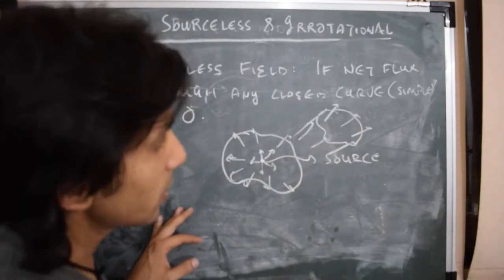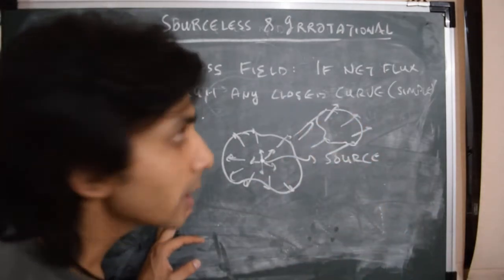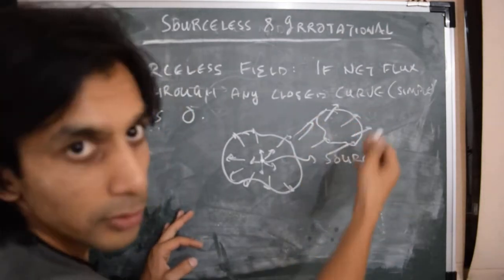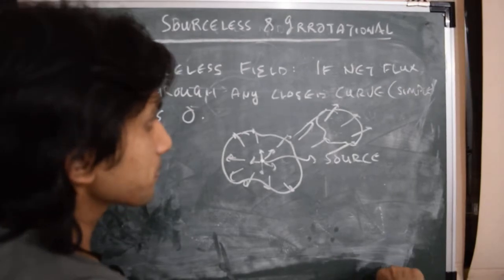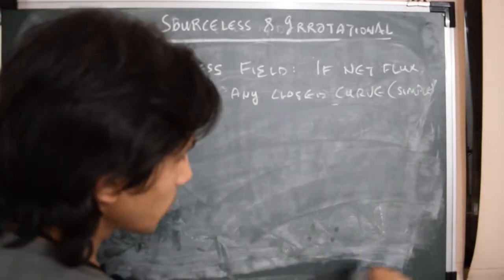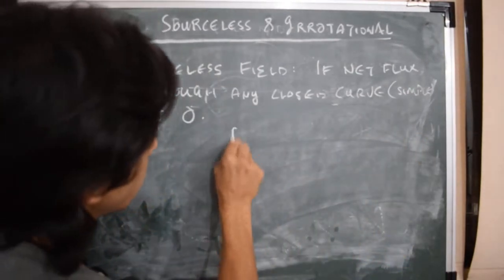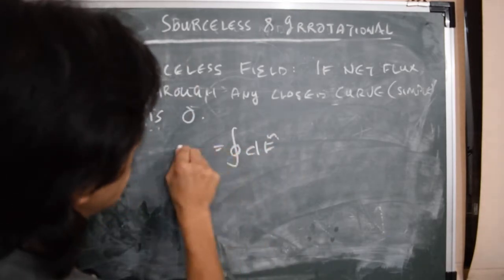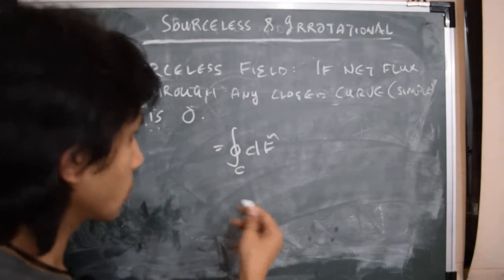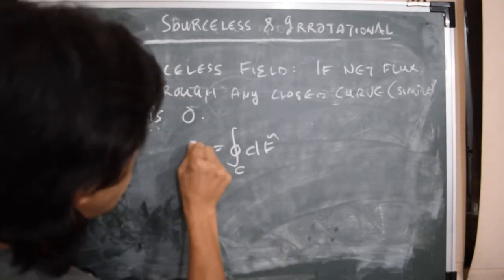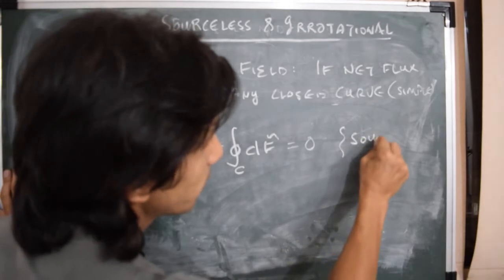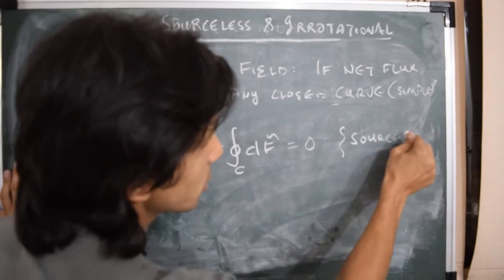Such a region we'll call a sourceless region, or in this case we'll say it's a sourceless field in this region of space. So one way to write this is that if the net flux through any closed loop through a region of space is 0, then we say that the field in that region is sourceless.